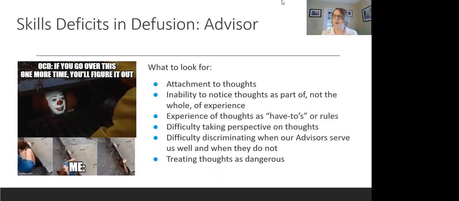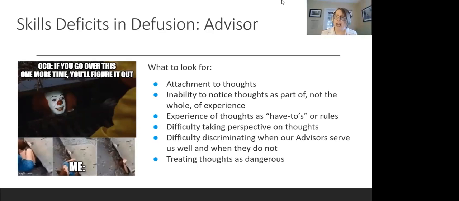Do we have that thought action fusion going on? How much do we believe that thought? How much do we act on that belief? So there's an inability to notice thoughts as part of our experience, not the whole of our experience. So this inability to step back. Poor insight about OCD would be a really good example of that.